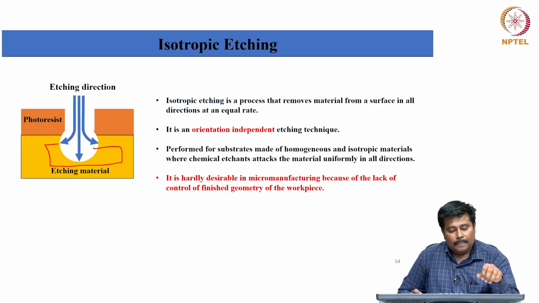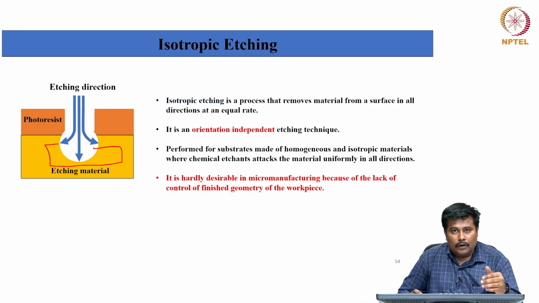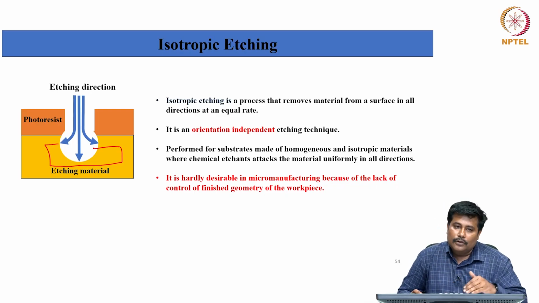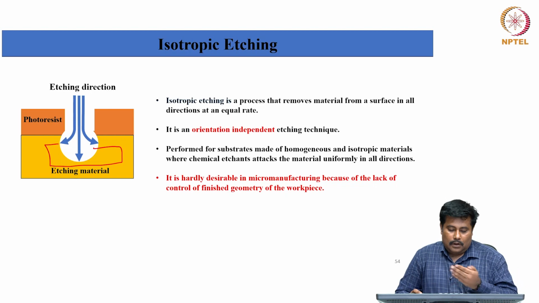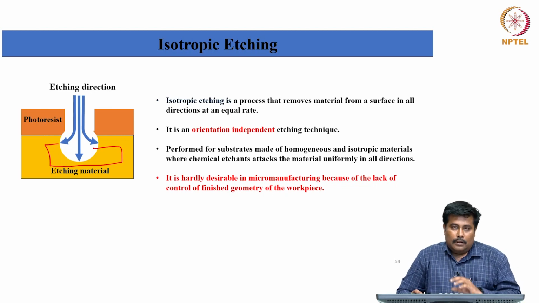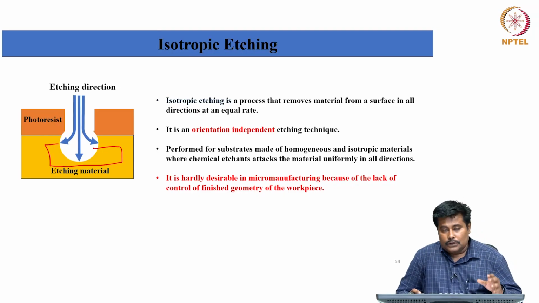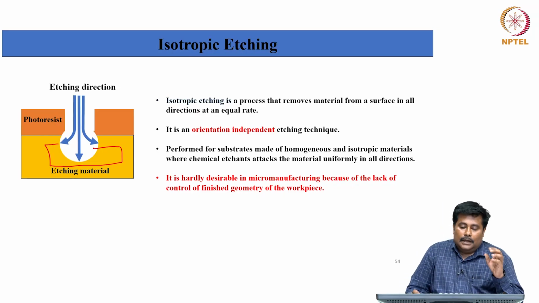However, from a geometrical or configuration point of view, these chemical etchants attack the material uniformly, which helps to etch the layer in all directions. One important point of using such an isotropic etching process is that you don't need a post treatment.